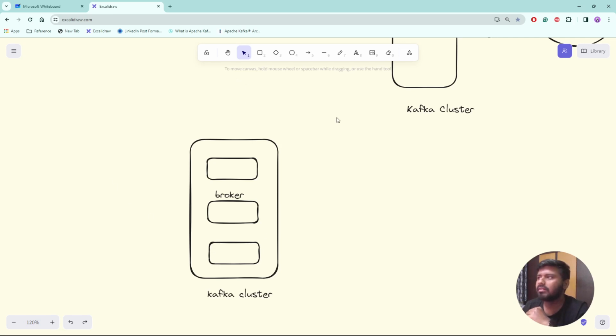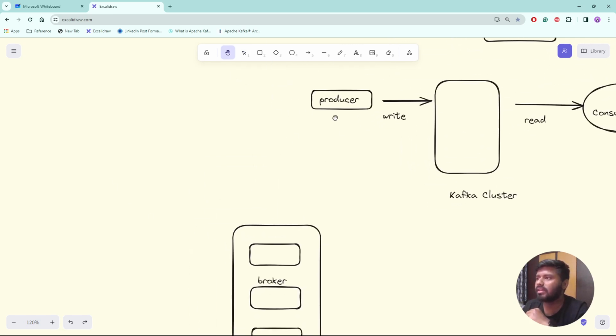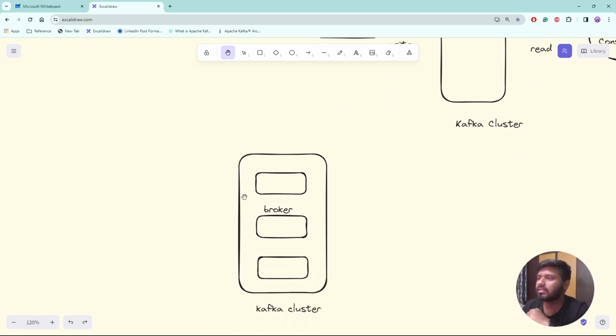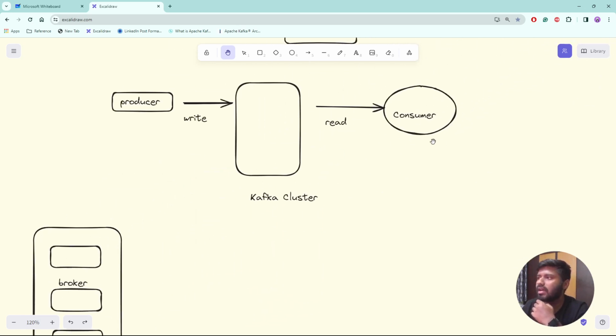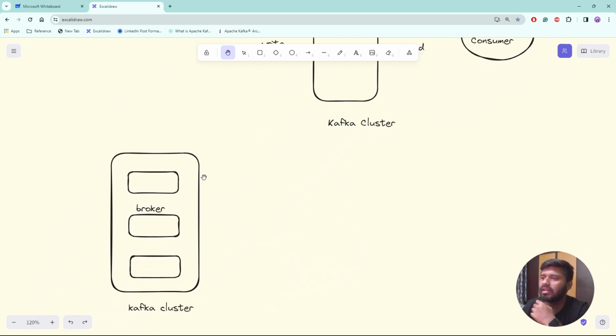Here my producer is producing some information. It goes down to the broker, and whenever the consumers are there, they fetch the information from the broker. Is that all? The answer is no. Within the broker also, the information is segregated.